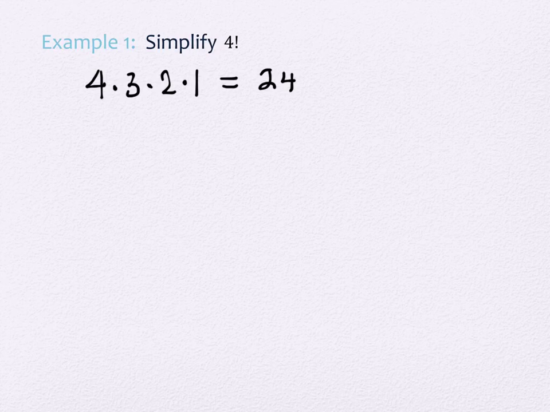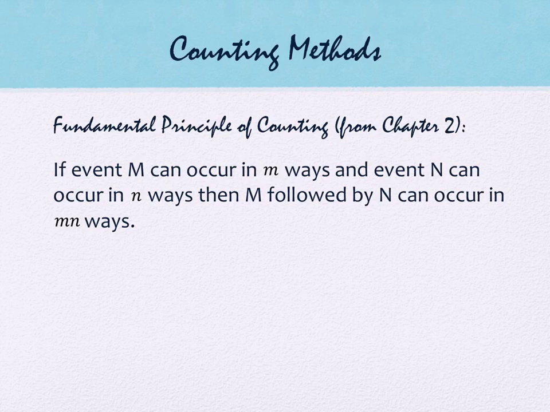All right, another principle that we encounter, and this actually comes from number theory, but I know not all of you have taken it. It's called the fundamental principle of counting. It says, if event M can occur in little m ways, and event capital N can occur in little n ways, in how many ways can event M followed by event N occur?